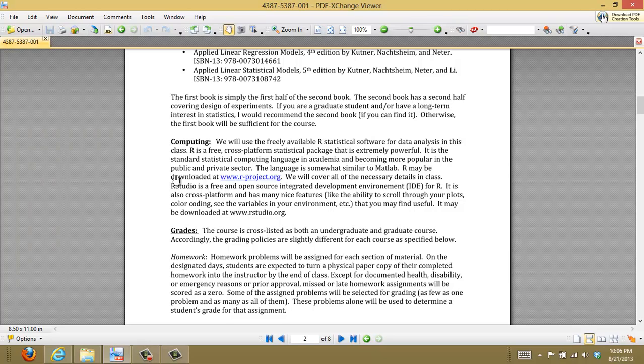That's available at www.rstudio.org. I probably won't be using that in class, not because I have anything against RStudio. It's actually a very nice piece of software, but the screen is a little bit more cramped, and so when I'm doing analysis in class, I typically like to use the base R for the easiest readability of the students.